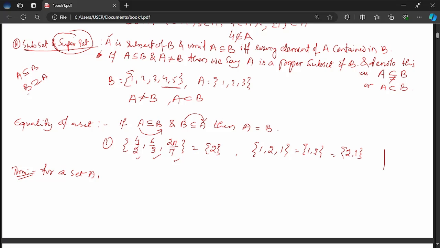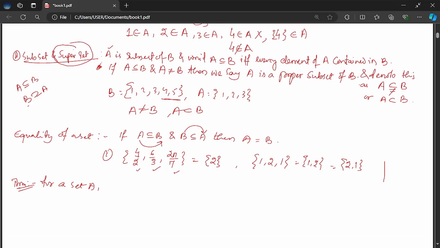Before going to the theorem, what is the empty set? Set containing no element, and it is represented as phi.